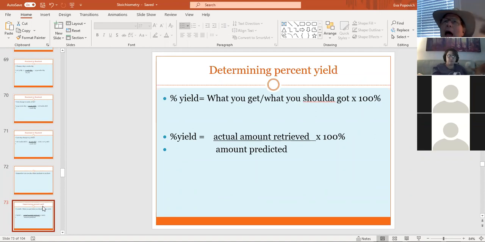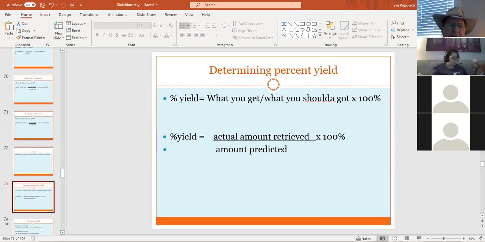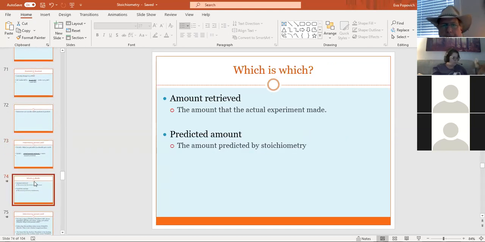You're going to divide that by the amount the stoichiometry predicts, and then multiply that by 100. The amount retrieved is the amount the actual experiment makes. The predicted amount is the amount that stoichiometry tells you you should get.